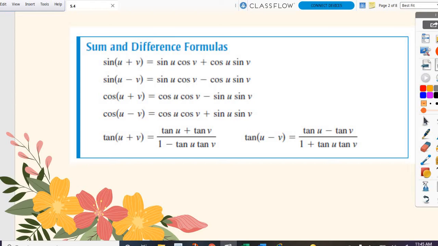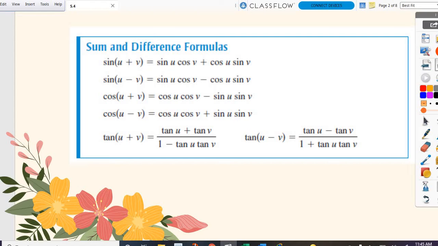So our sum and difference formulas are used when we need to either break apart angles that aren't on our unit circle, or sometimes if we have addition or subtraction inside of it with a variable or something like that, we can also use these to break it apart. Because remember that sine is like our square root function, like our exponential functions.